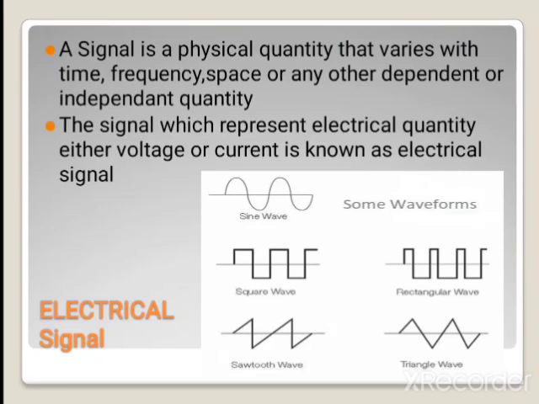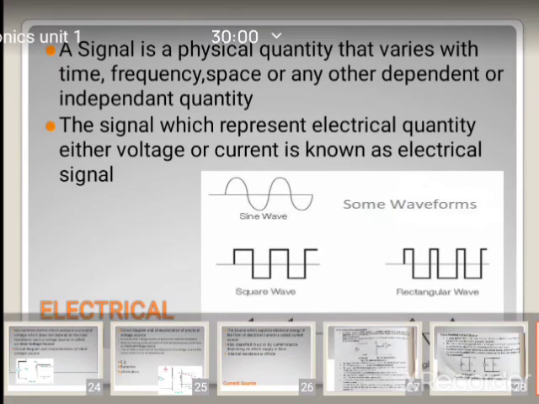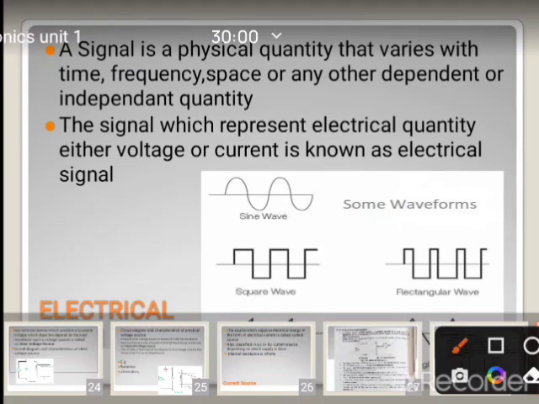So now next is electrical signal. Now what is a signal? A signal is a physical quantity that varies with time, frequency, space or any other dependent or independent quantity. So a signal is a physical quantity that varies with time. So this is the x-axis.